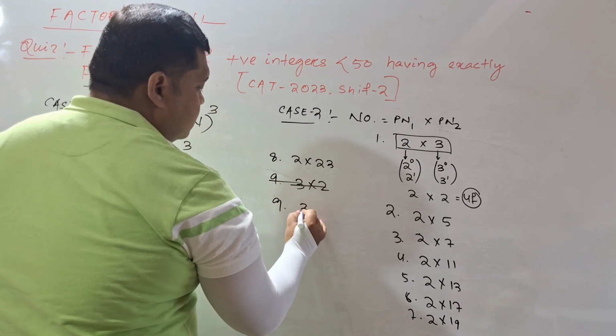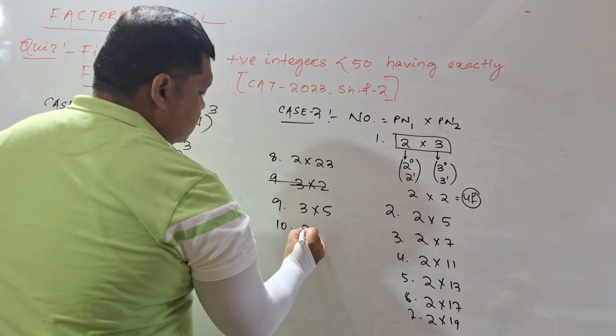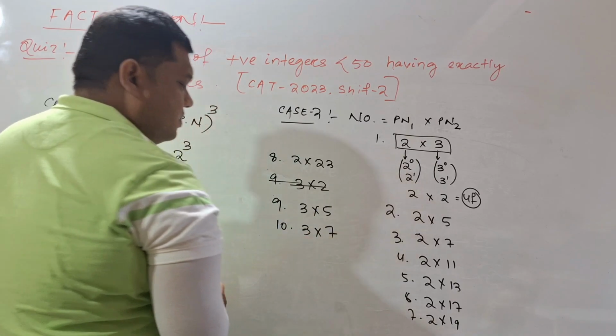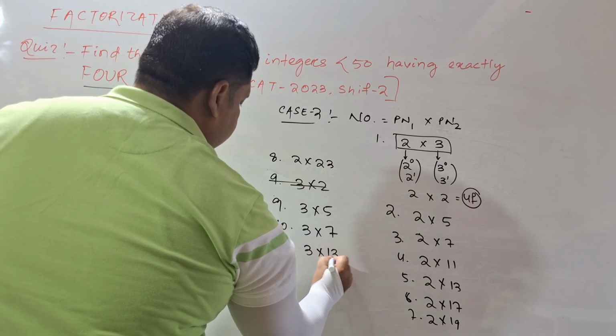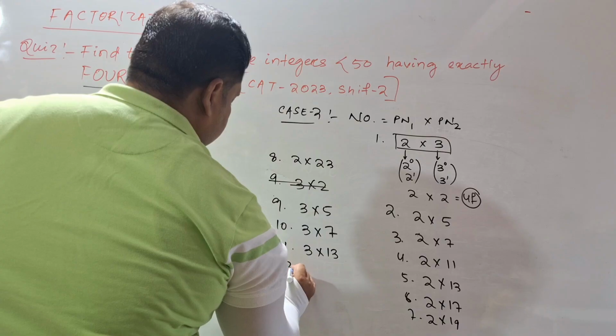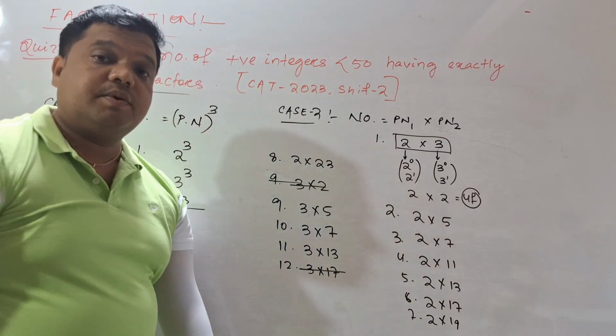The 9th one you can write as 3 into 5, 15. The 10th one, 3 into 7, 21. The 11th one, 3 into 13, 39. 3 into 17 is not possible, that is 17 into 3, 51.